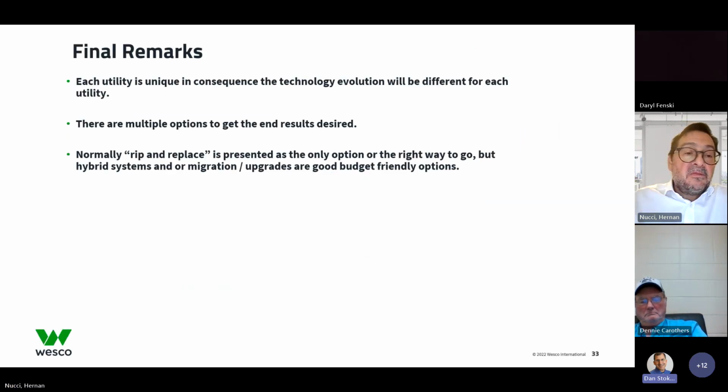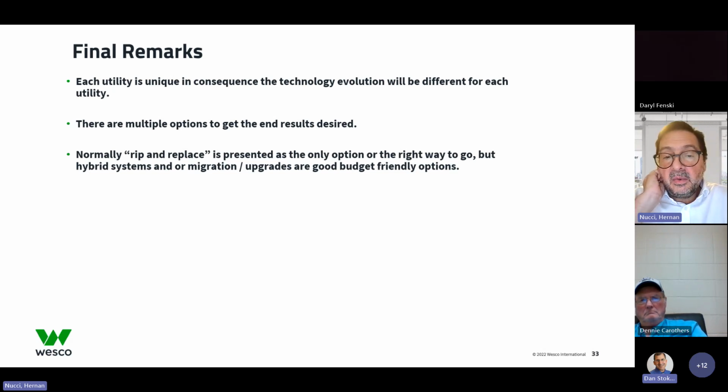So the final remarks: each utility is unique, and in consequence, the technology evolution will be different for each utility. Your evolution is different from your neighbor based on your needs and your history. There are multiple options to get the end results that you decide.